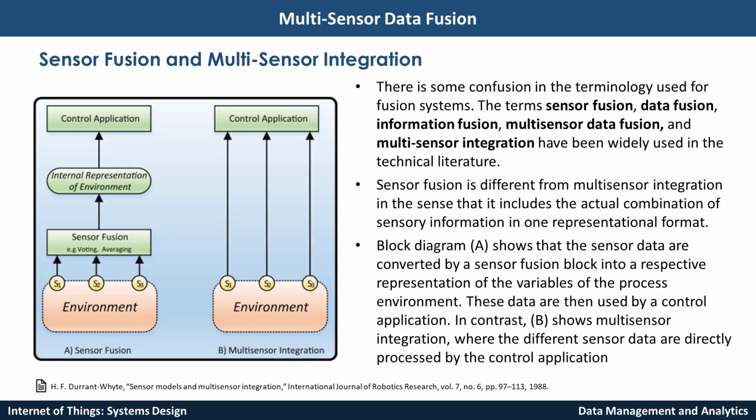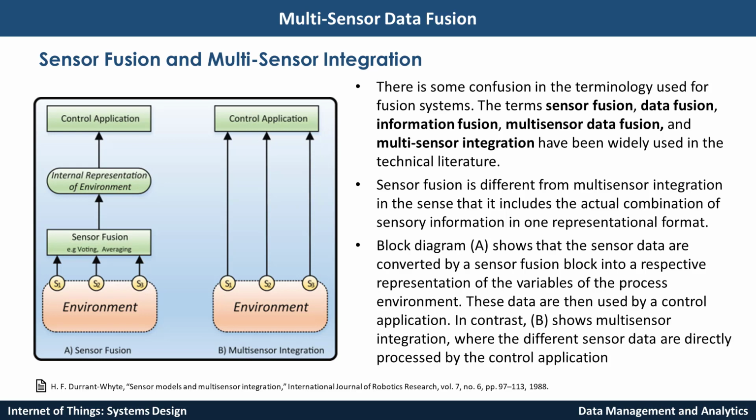It is important to understand the difference between sensor fusion and multi-sensor integration, because there are a lot of terminologies used in the domain. For example, sensor fusion, data fusion, information fusion, multi-sensor data fusion, and multi-sensor integration.